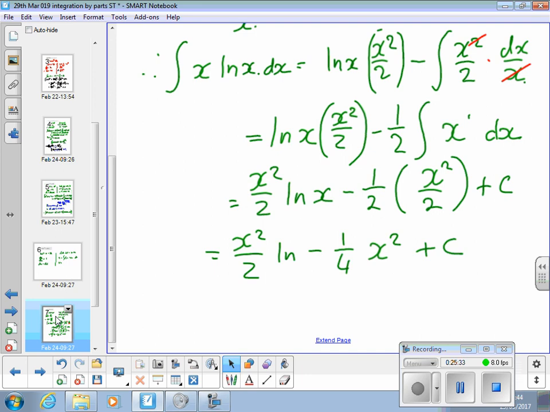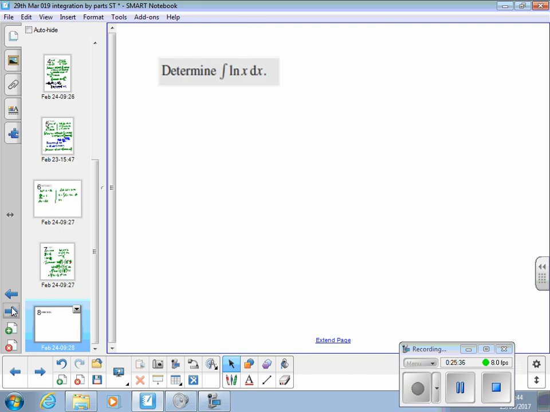Now, like I said, it is possible to integrate the function ln x.